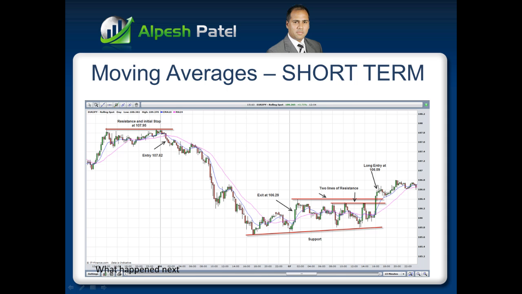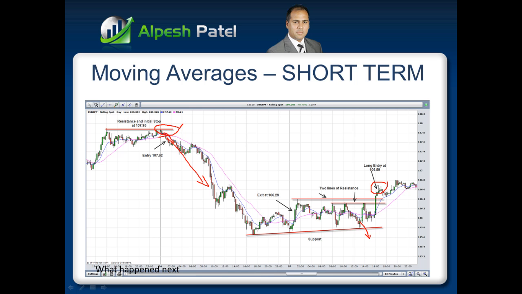Well, when the short-term moving average moves below the longer-term one, because that suggests that the price is going to continue moving lower. Where do we place a stop loss so we know our maximum risk? At a nearby resistance level. We might also look at entry when the price breaks above a resistance, or for that matter below a support, on the basis it's going to continue moving lower.